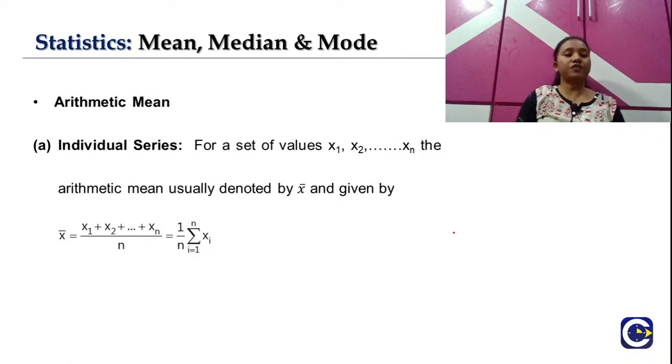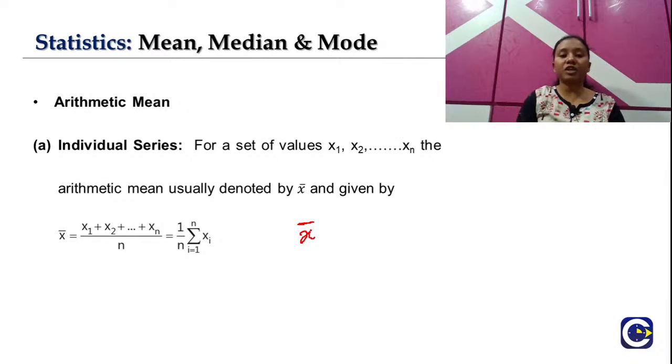How are we going to find the arithmetic mean for a given individual series? For a set of values x1, x2, x3, x4 and so on until xn, where we have some number of terms from x1 to xn, the arithmetic mean is denoted by x bar and is calculated using this formula.